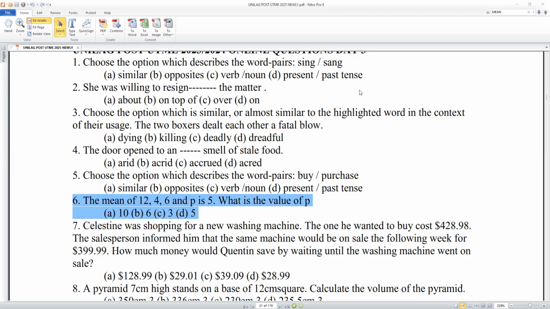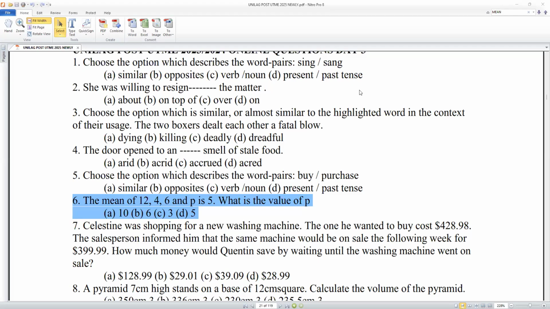Let me find one more. Okay, I found one more.